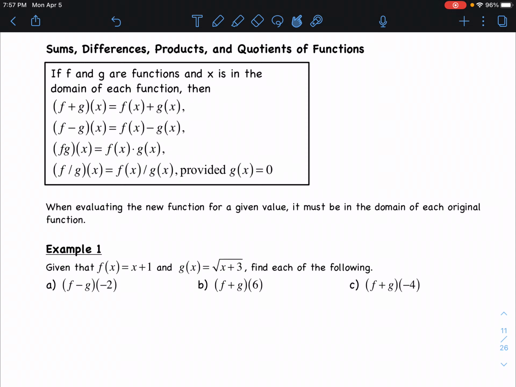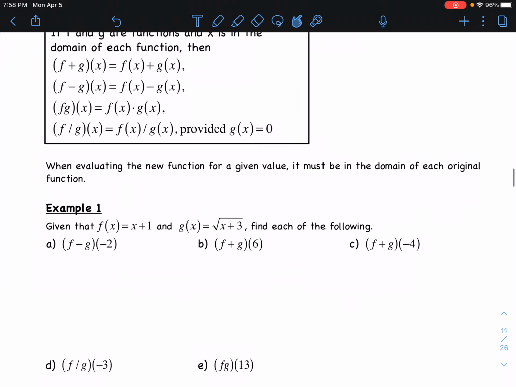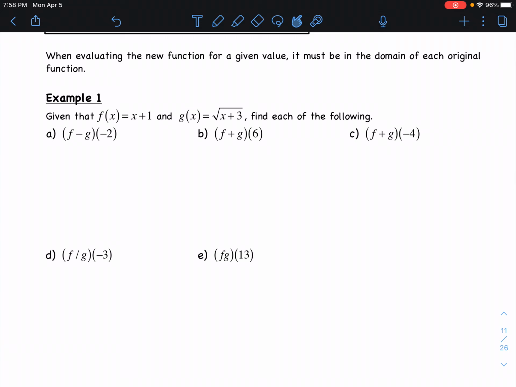When it shows fg of x, the third one in the box, you're multiplying f of x times g of x. And then f divided by g of x. When evaluating the new function for a given value, it must be in the domain of each original function.